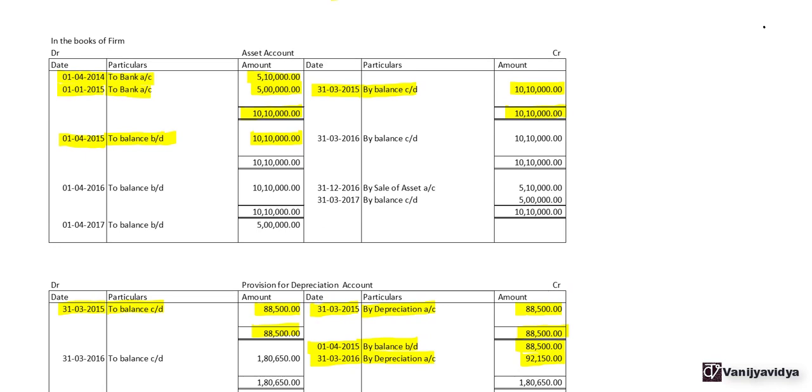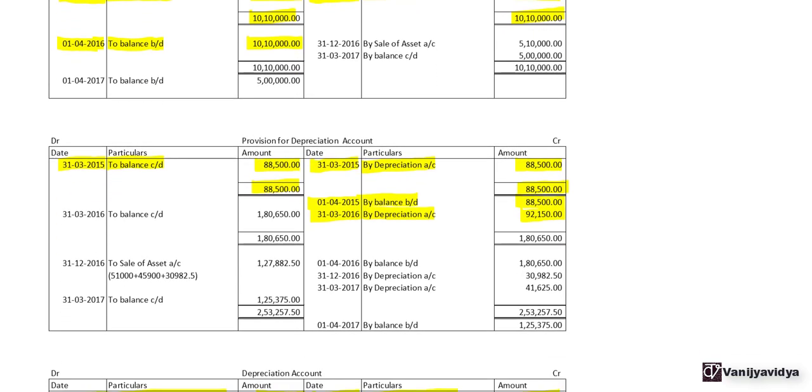Now since there are no more transactions, let's close all the books. Asset account was showing a balance of 10,10,000. The same we are carrying, and on 31st March 2016 by balance carried down 10,10,000. The same balance is carried on 1st April 2016 to balance brought down 10,10,000. So in the asset account there is no change since there is no purchase or sale of an asset. Then provision for depreciation. The total on the credit side is 1,80,650.